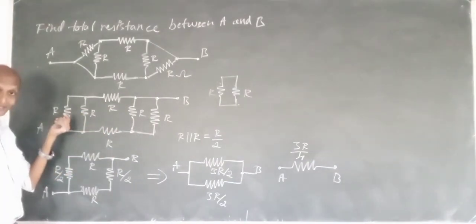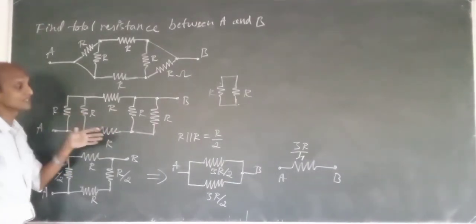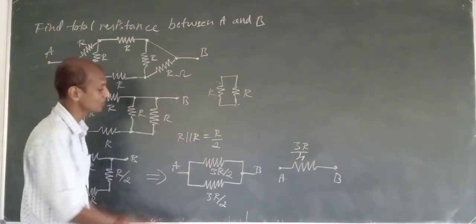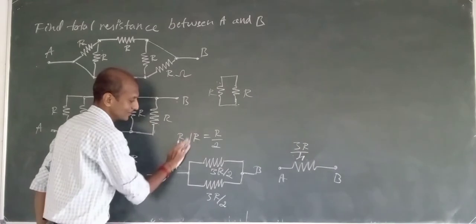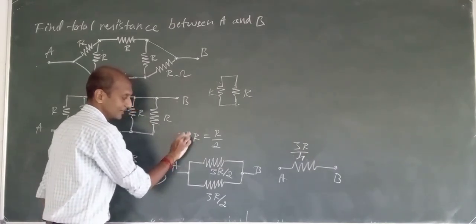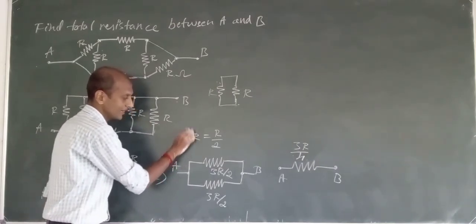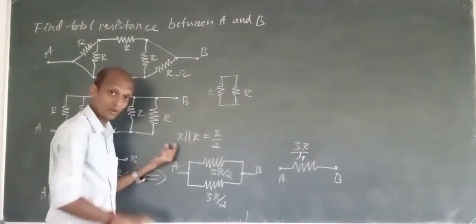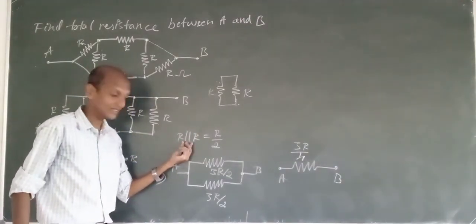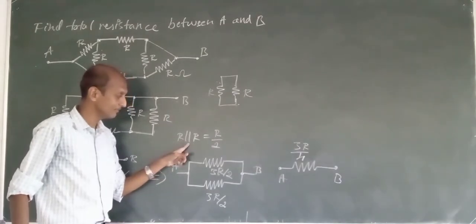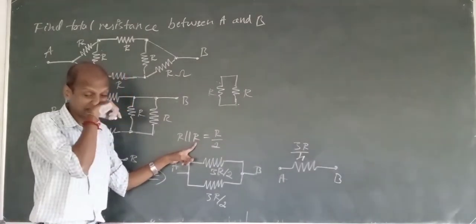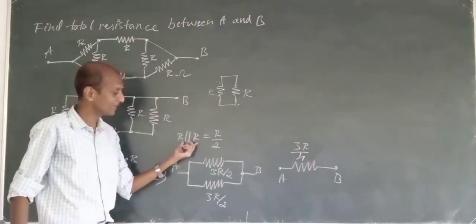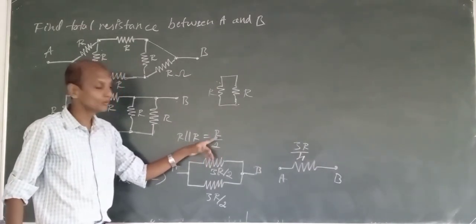So this resistance R is in parallel with this resistance. To represent a parallel combination, we will use two vertical lines. So R is in parallel with another R resistance. The effective resistance when R is in parallel with R will be R by 2.